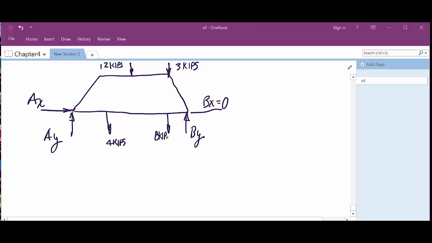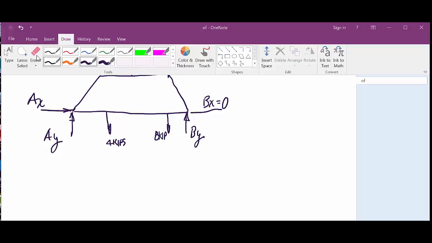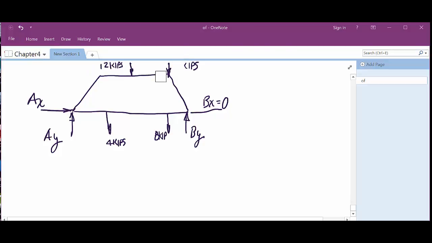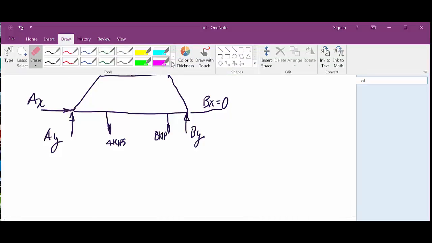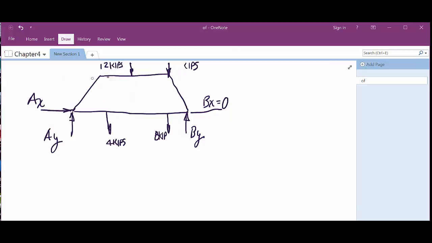Oh, I put 3. Why did I come up with 3? How did I do that? 5 kips. Just pulling numbers out of the air. Okay, so those are the forces acting on it, right?